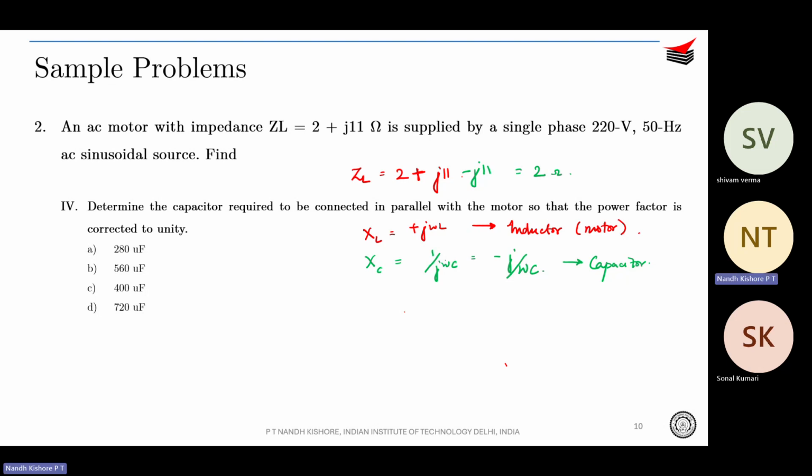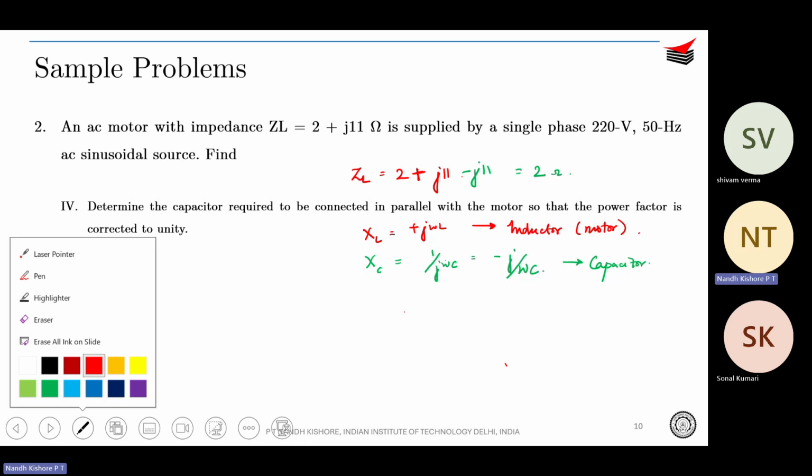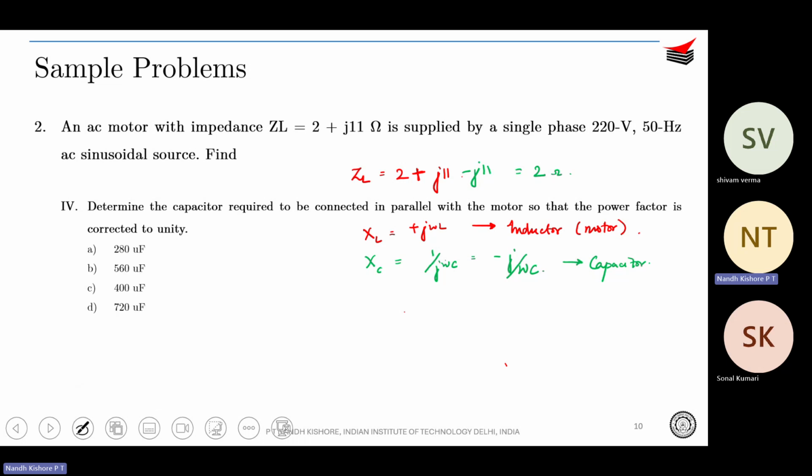Now, how to attach the capacitor? Here, for the sake of explanation, I have just added 2 plus j11 minus j11, but this is not how it works. If everything is connected in series, you have R, you have an L, and let's say I put a capacitor over here, then the overall impedance would be R plus jXL minus jXC.